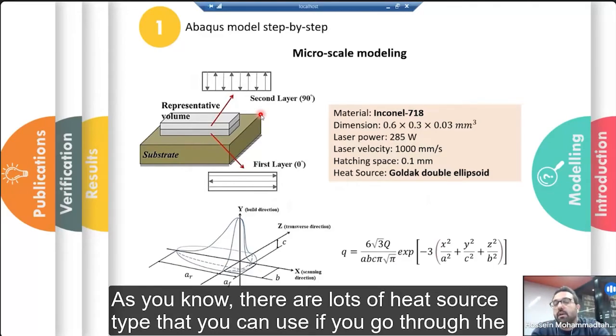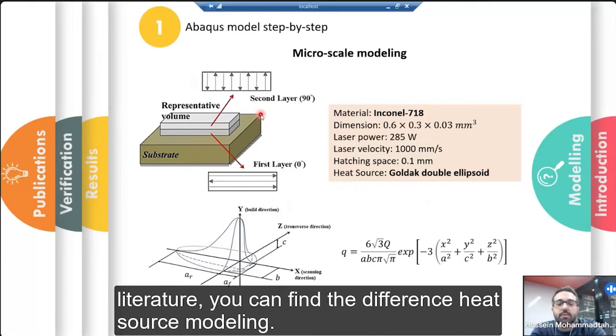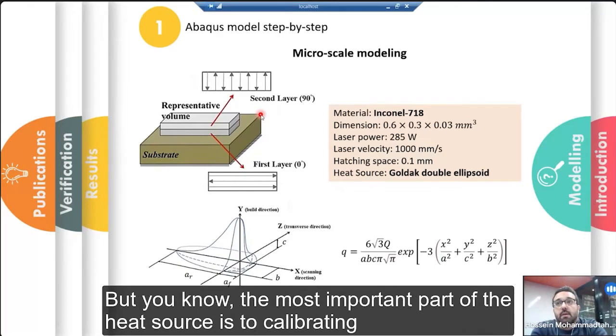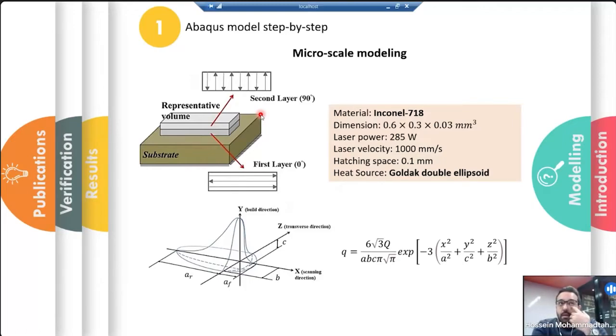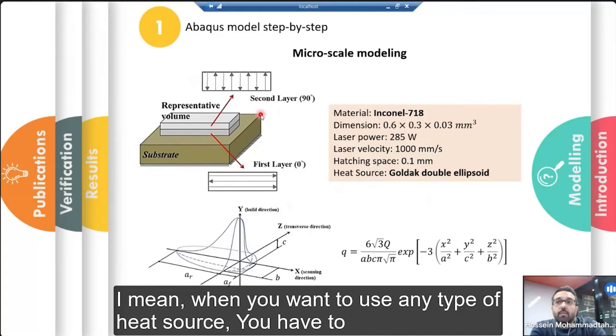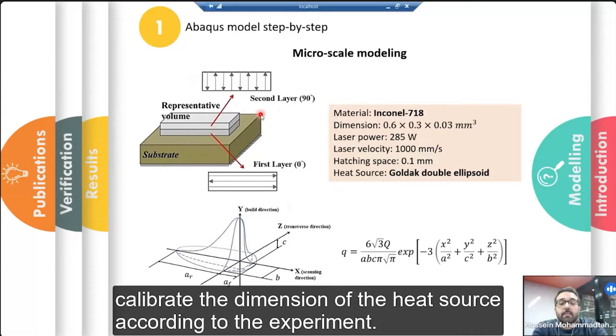As you know, there are lots of heat source types that you can use. If you go through the literature, you can find different heat source models. But the most important part of the heat source is calibrating. When you want to use any type of heat source, you have to calibrate its dimensions according to the experiments.